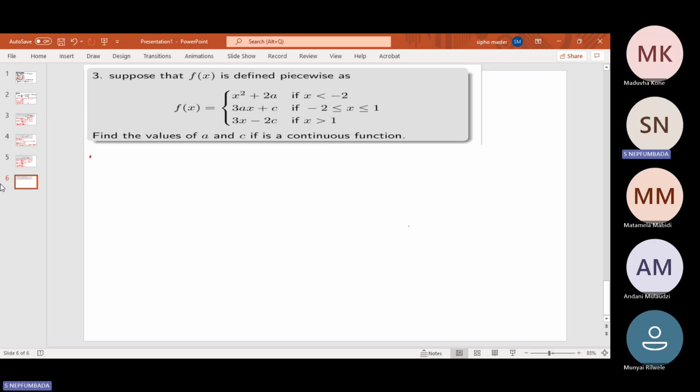Is that so? Now, that's equation 1 or 2. We are approaching minus 2 from the left of f at x. Is that so?